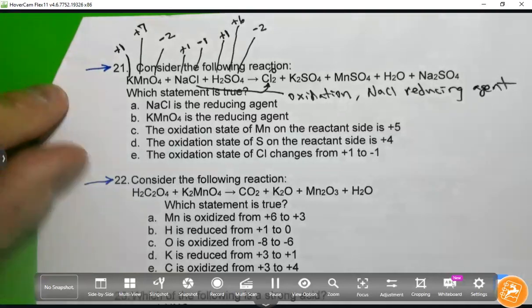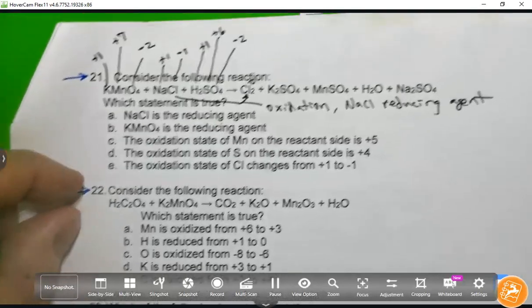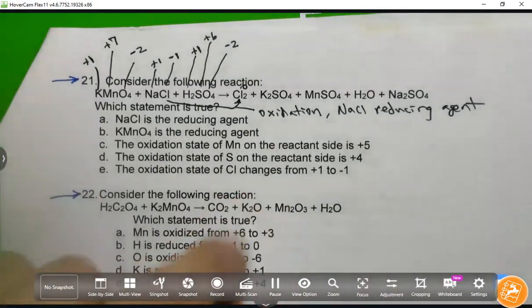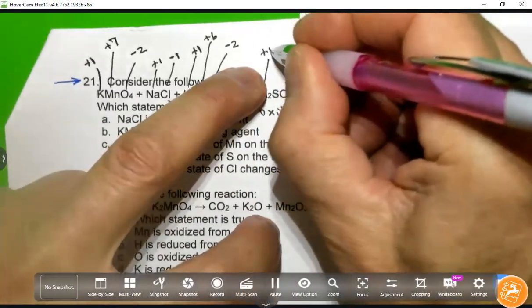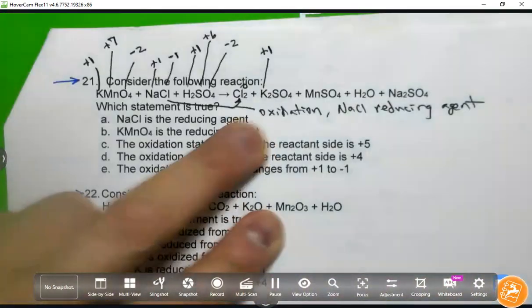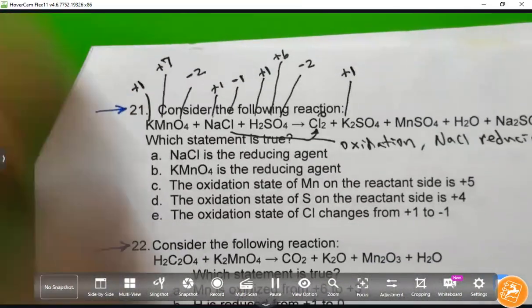So chlorine, we're just going to figure this out and then we'll go through A to E here. Let's see. All right. Potassium is always +1, no change. +1 on both sides, no change for my potassium. Oxide here, -2.